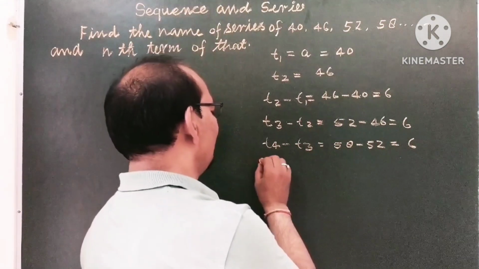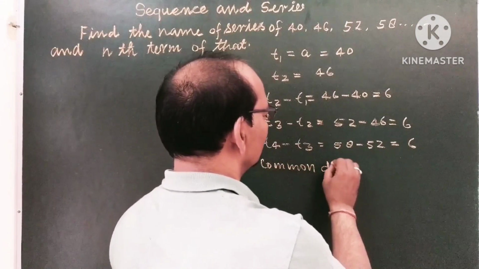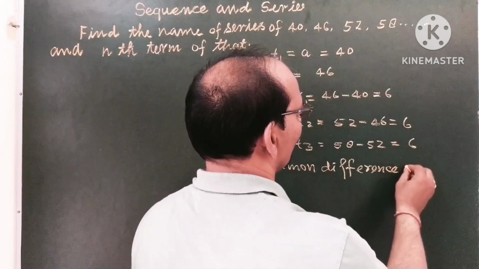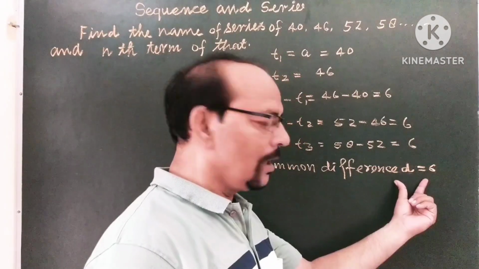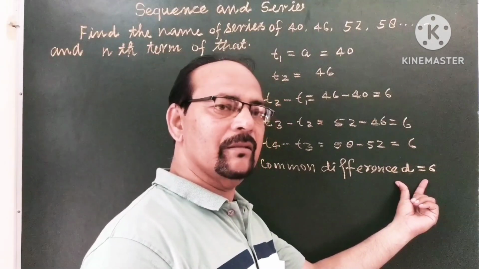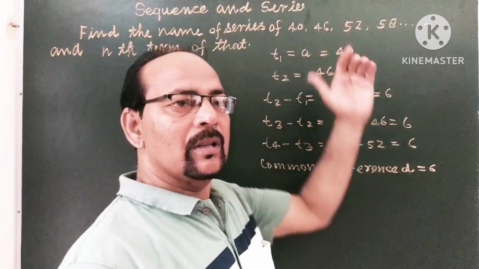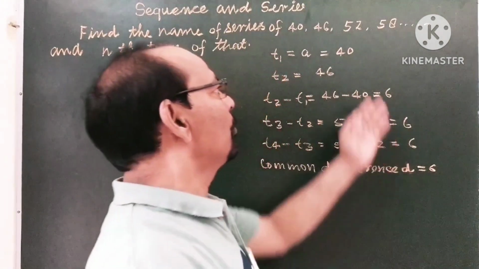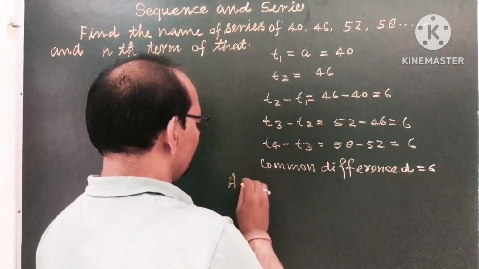Therefore, we can say that common difference D is 6. If common difference 6 from each two successive terms, such types of series is AP series. Therefore, we can say that this series is AP series, arithmetic progression.